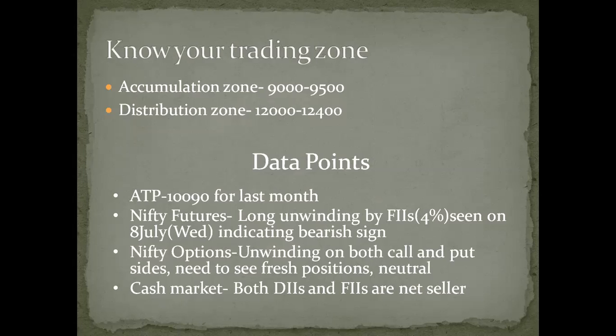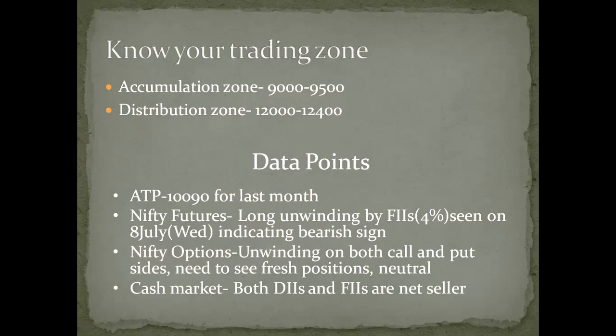So Nifty futures already had a bearish shine. On 8th July, Wednesday, we had a long unwinding by FIs of around 4%. That's the data I recorded from the NSE website, and you can easily fetch this data in the NSE daily reports. Nifty options saw unwinding on both the call and put side, so we didn't see any fresh positions on the call side.